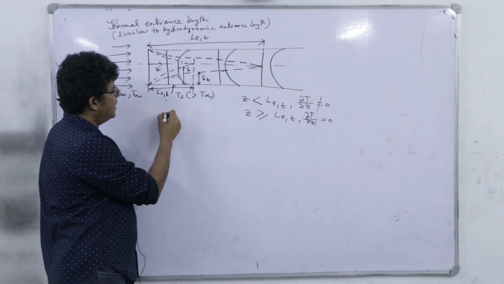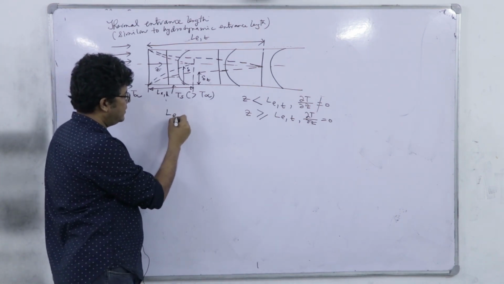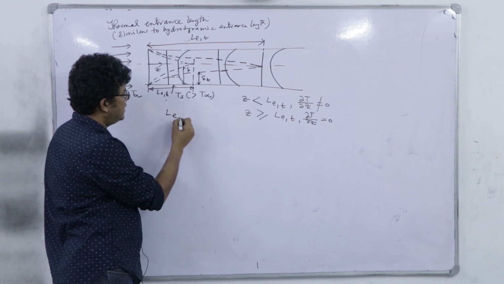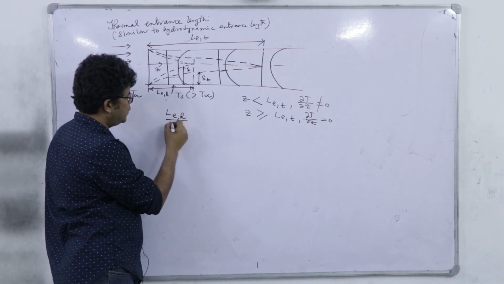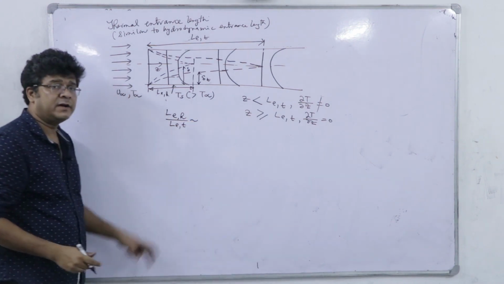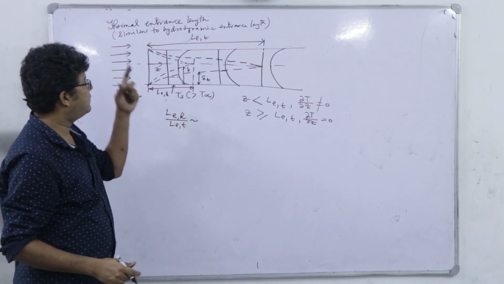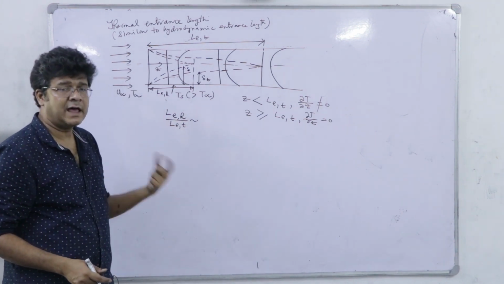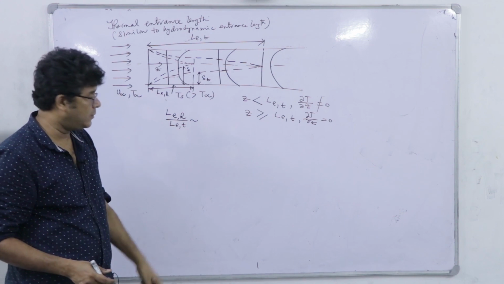Now, we can write an approximate order analysis that LEH by LET will follow an inverse order of delta. Why? Because if the respective delta is high, the corresponding entrance length will be low.